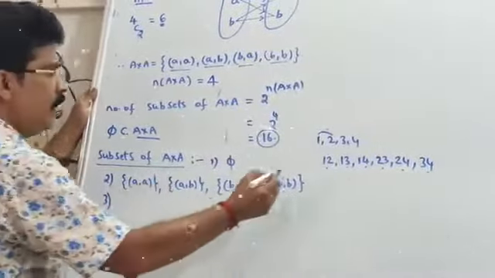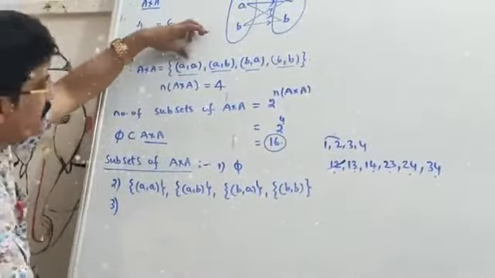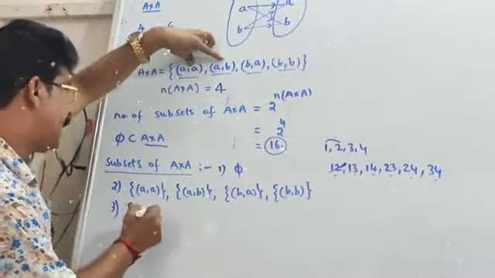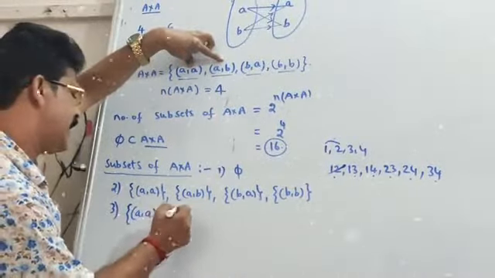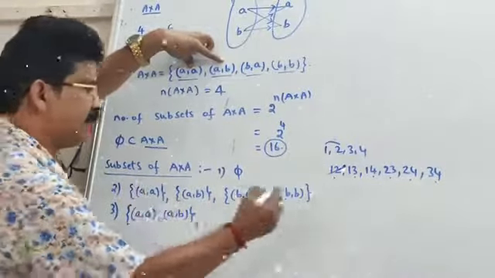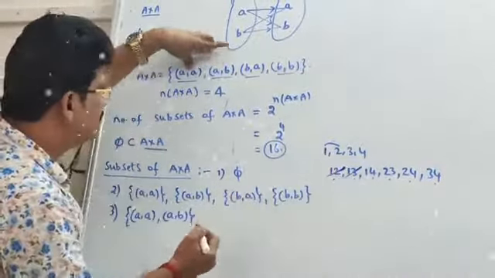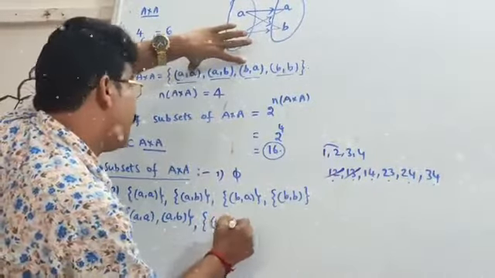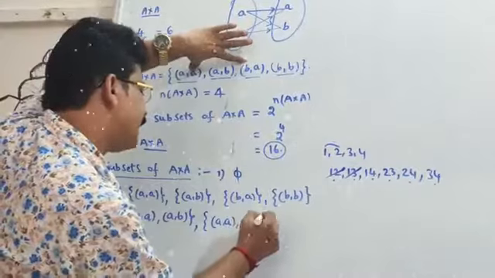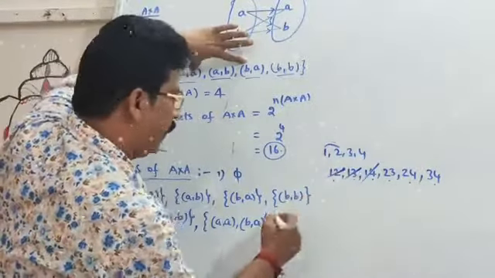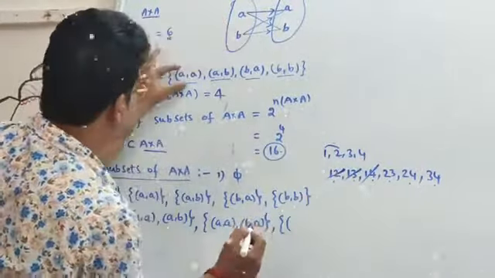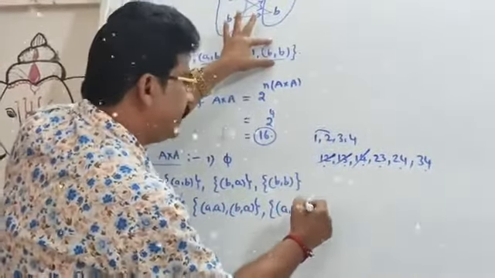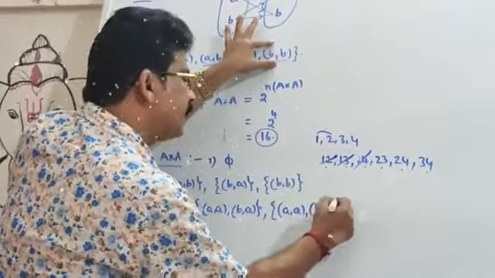Okay. 1, 2 means what? 1, 2 means first element, second element: set of (a, a), (a, b). 1, 3: so set of (a, a), (b, a). Next 1, 4: the set of first element (a, a), fourth element (b, b).